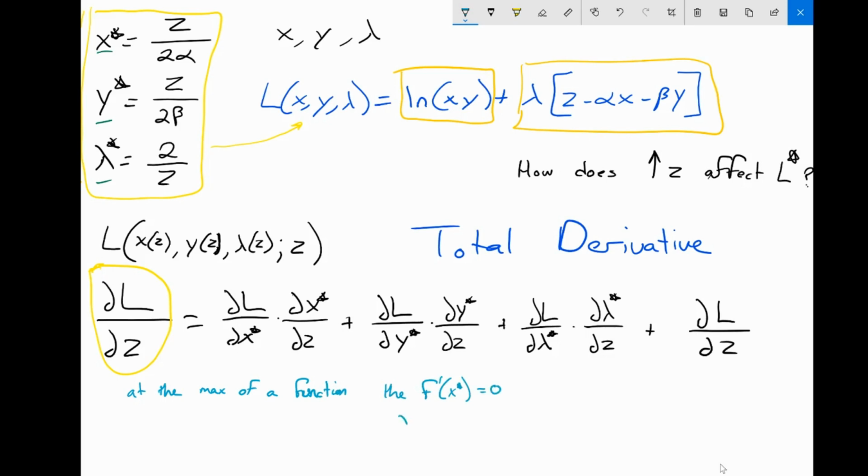The derivative of the function, say some function f, with respect to x equals 0 at the optimal point, right? This is the truth. This is that first order condition. We solved this. We know that this is true. This is nothing new.